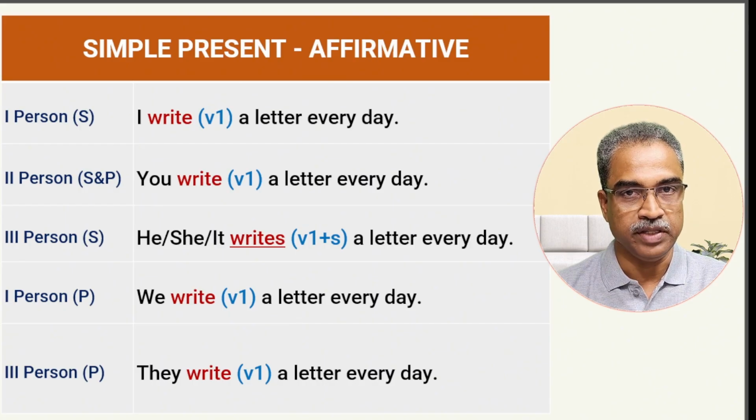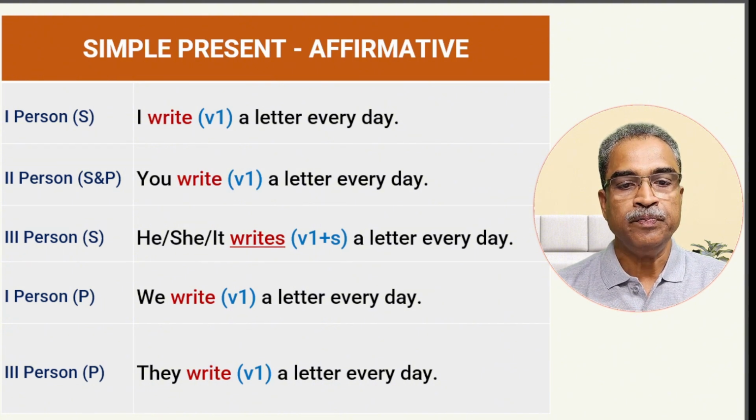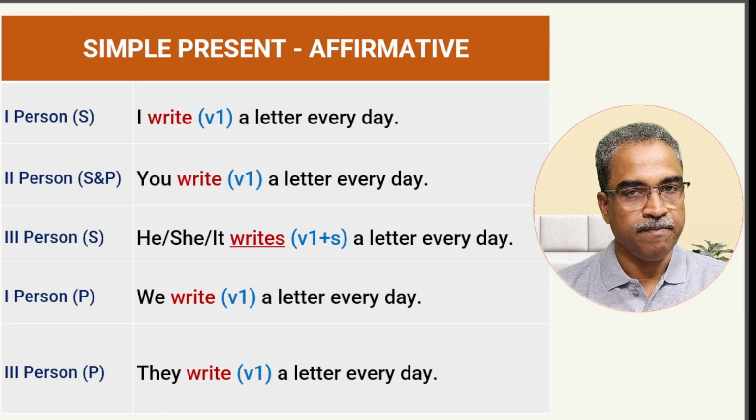The subject is doing something. What am I doing? I'm writing here. So, I write a letter every day. A letter is the object, write is the verb, and I is the subject. So naturally that is the form: I write a letter. What did you notice here? First I. We are speaking about simple present tense affirmative.